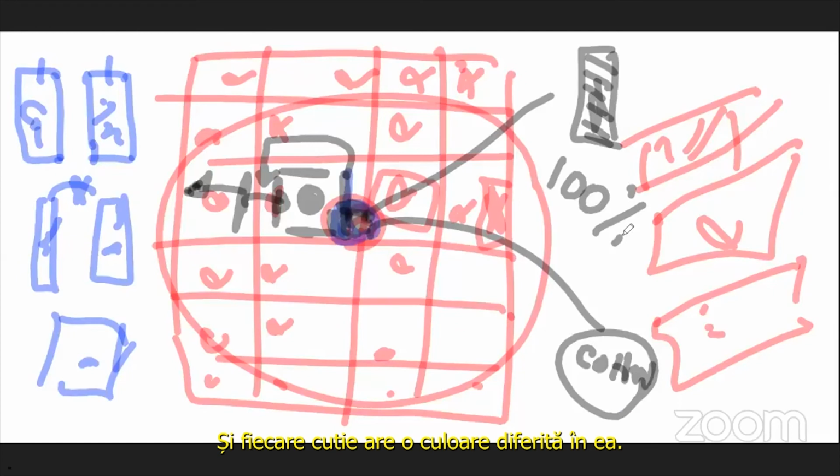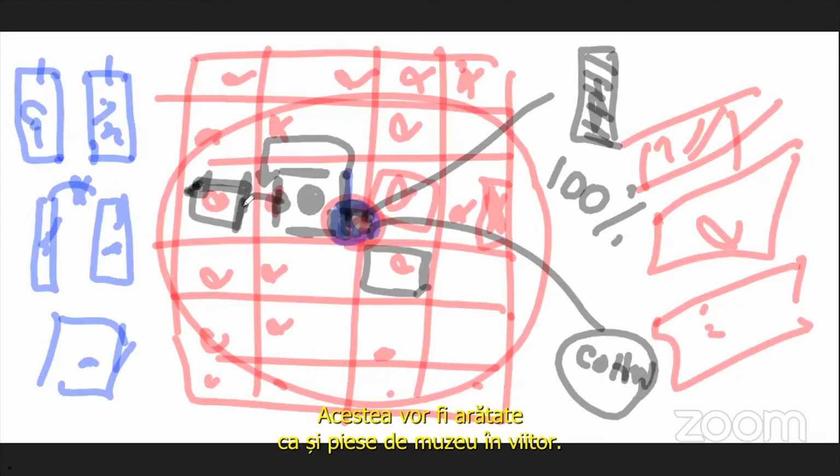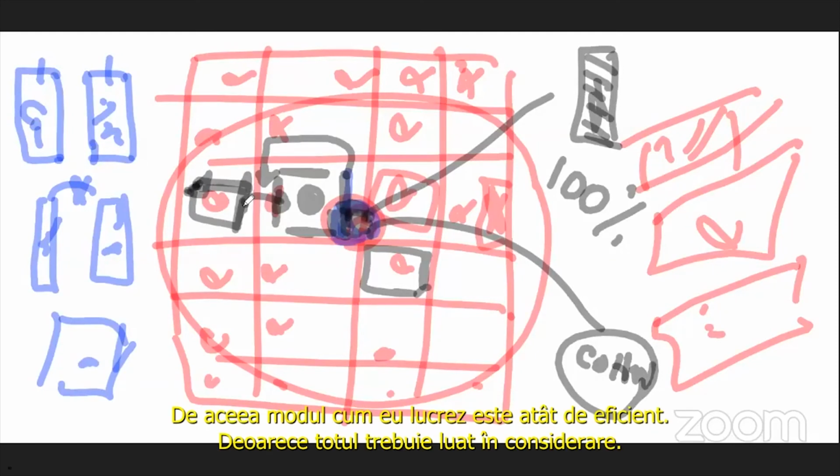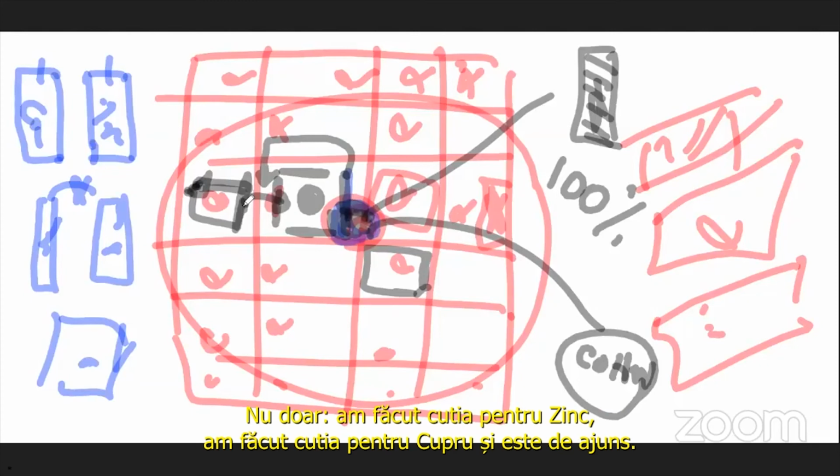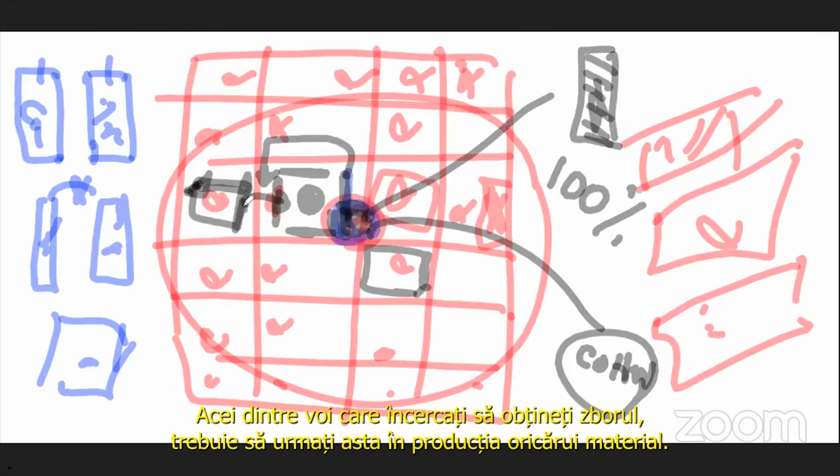And each box has a different color on it. They're still, as part of the museum pieces, will be shown in the future. This is why the way I worked is so effective, because everything has to be taken into consideration. Not just, I made the zinc box and I made a copper box and they do. Those of you who are trying to achieve flight have to follow this in production of any material.